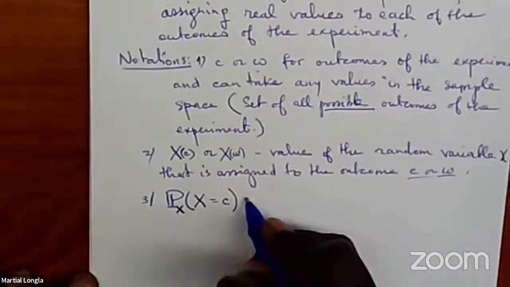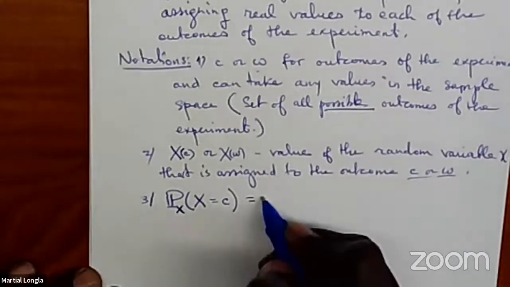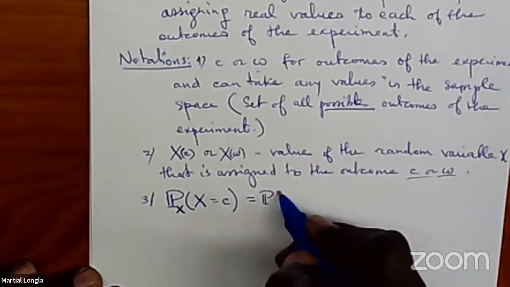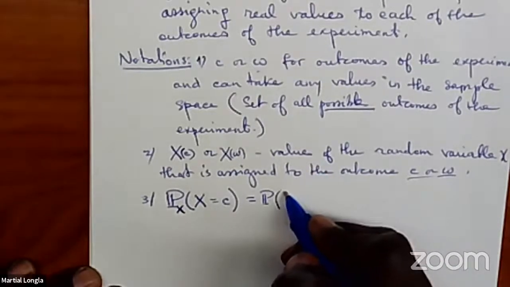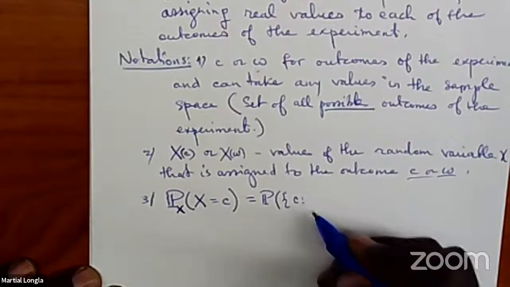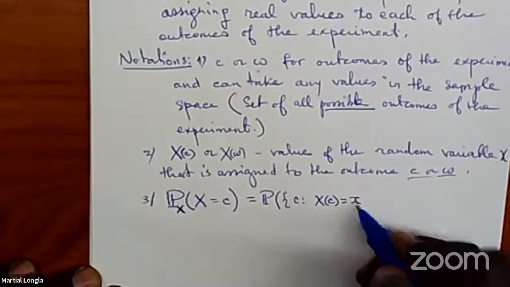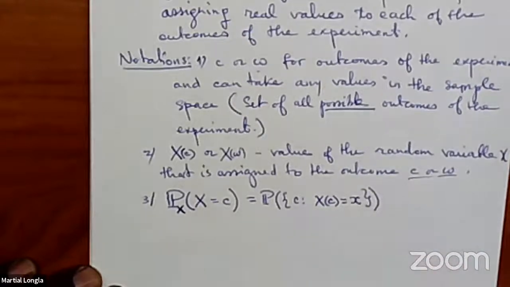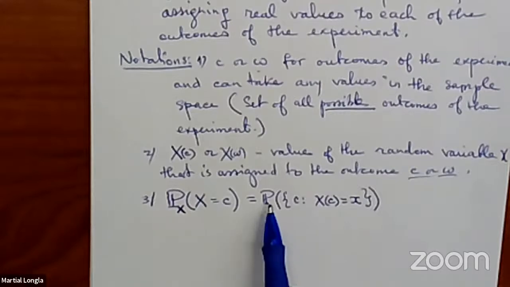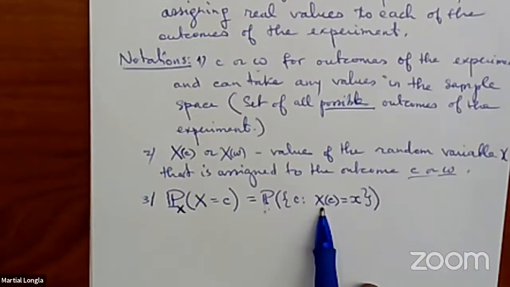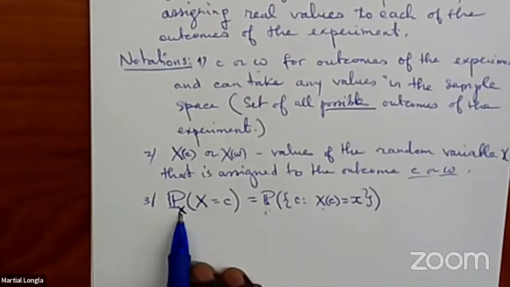What is it equal to? It is the probability of the set of all outcomes such that the value of x for the outcome is equal to x. That's actually what it means. And this p is the probability that we have been talking about, probability of the outcomes of the experiment that I defined. But prior to this definition here, you don't know what this is.